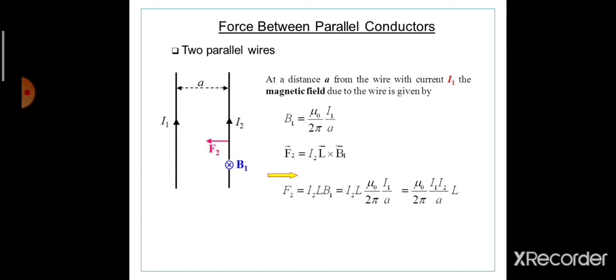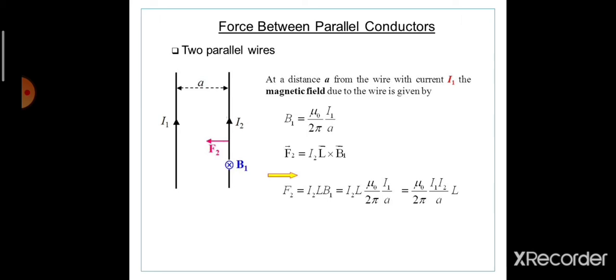We have considered only a section L of this infinitely long straight conductor. Here L and B1 will always be perpendicular to each other, so that L cross B1 can be simply written as LB1. So force F2 is given by I2 into LB1.